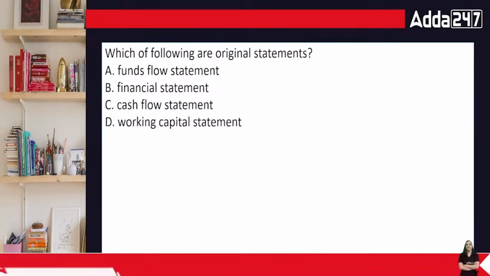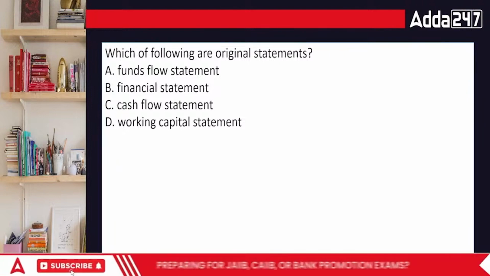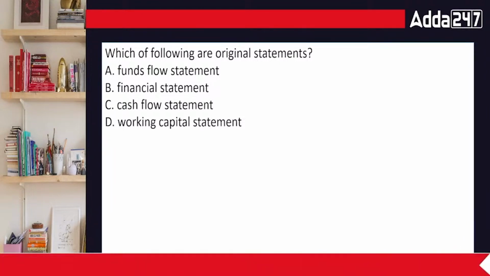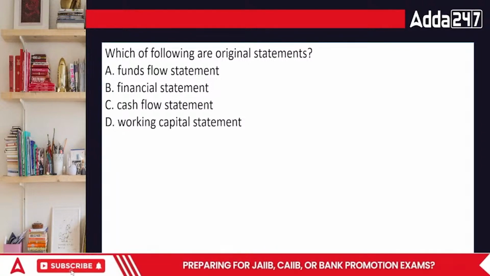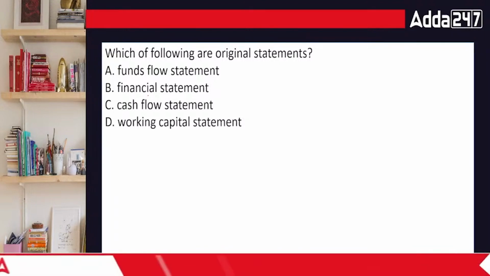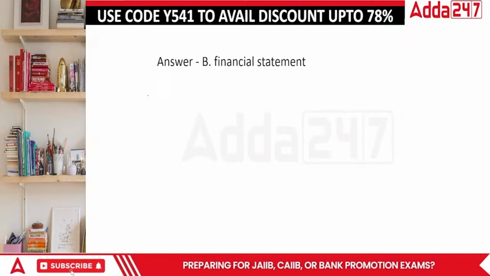Then working capital statement is also prepared after we have created the balance sheet. So technically there's only one point which is original in nature from which other things are created. We are not challenging the authority or authenticity of anything because ultimately you need to know about the financial aspect of the things. Right? So in this case, the correct answer is financial statement.